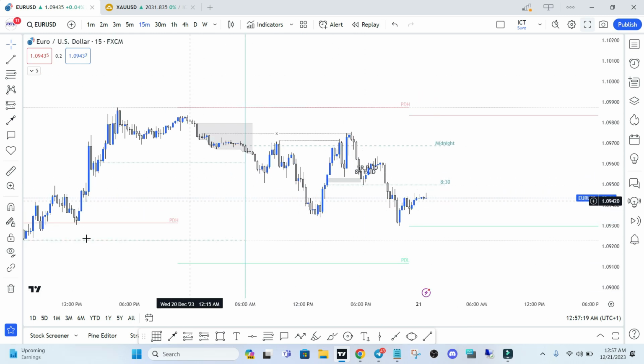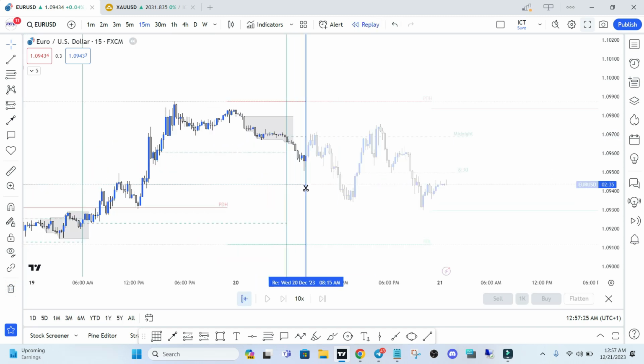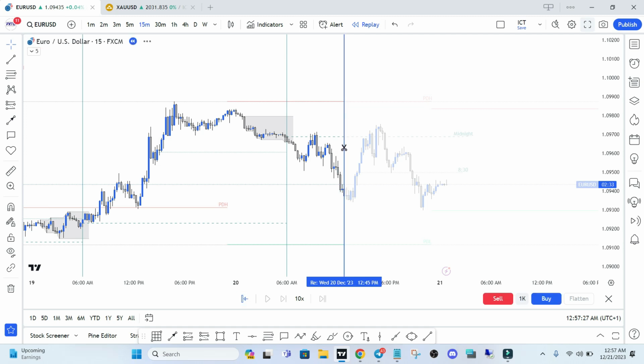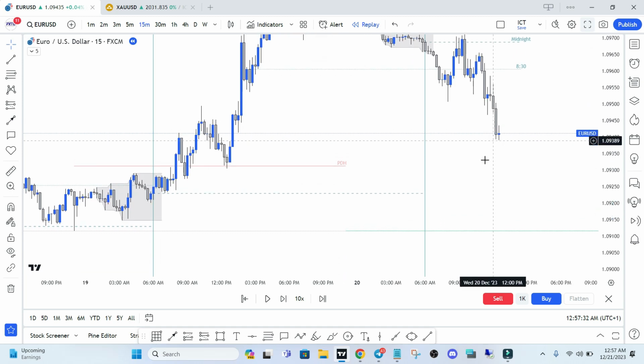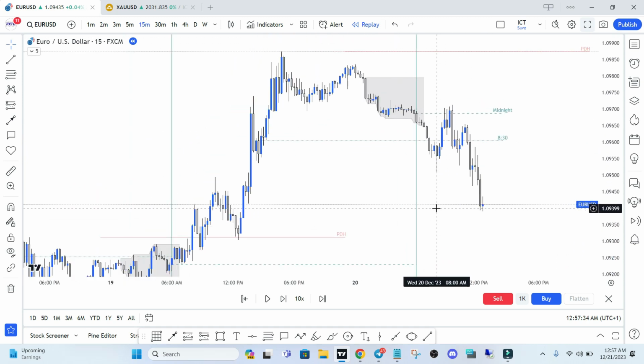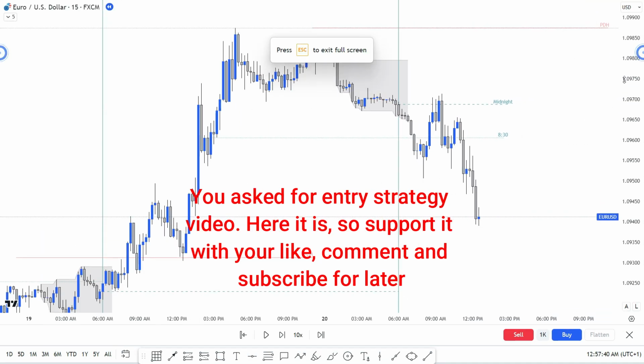First, we are going to wipe this out. All right, so I'm going to take this out, and let's use this replay tool. This is where we are on the chart on the 15 minutes, and we're going to use 15 minutes with this particular strategy.